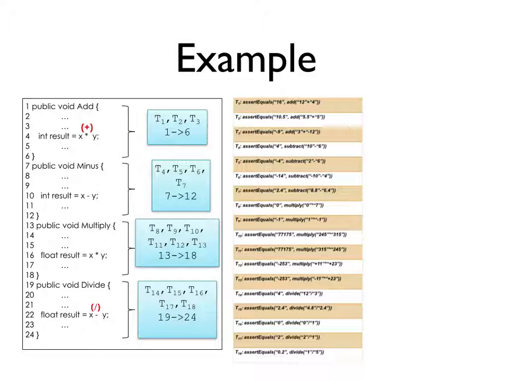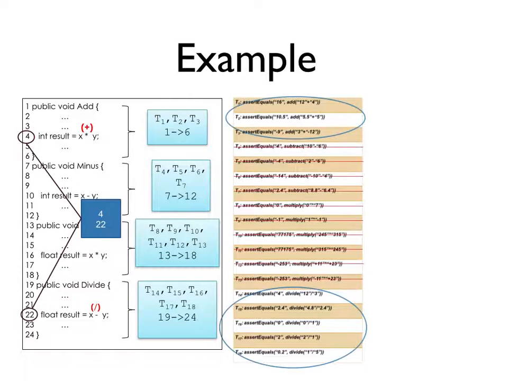Lines 19 to 24 are covered by test cases T14, T15, T16, T17, and T18. Moreover, it finds that lines 4 and 22 are changed. So combining the coverage information and change information, Redroid selects test cases T1, T2, T3, T14, T15, T16, T17, and T18 for re-execution on the modified app.